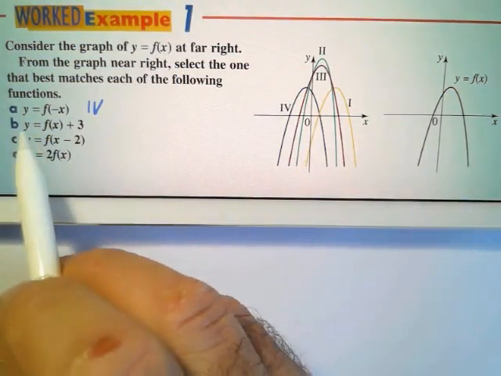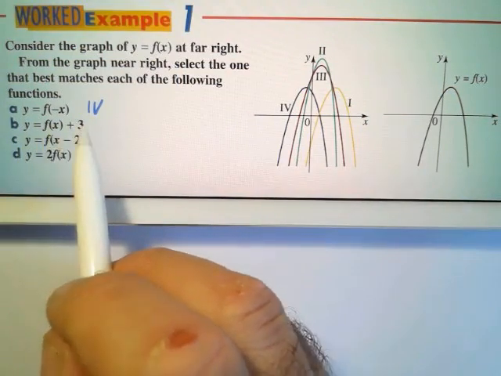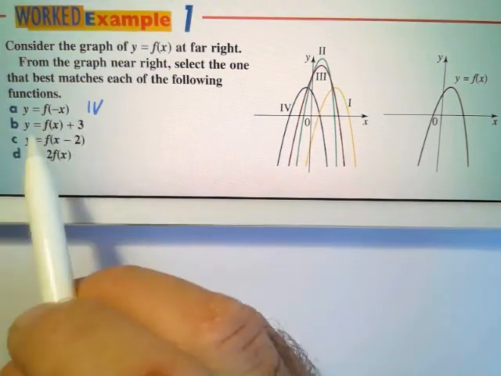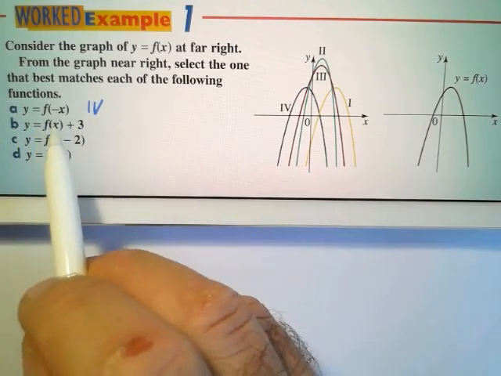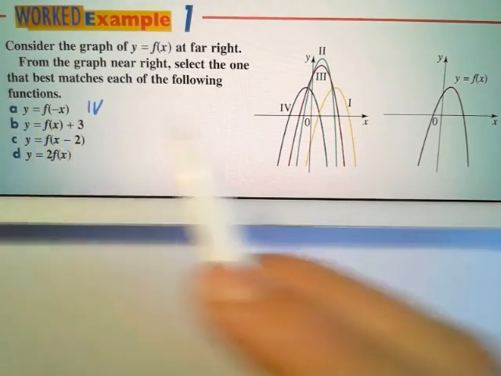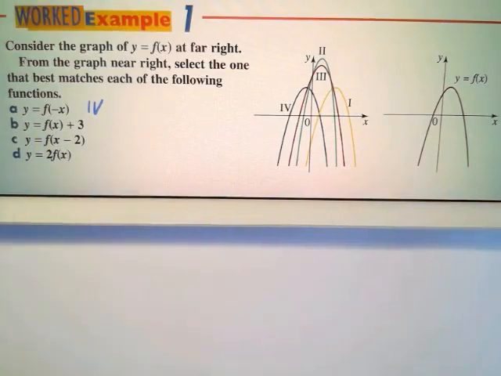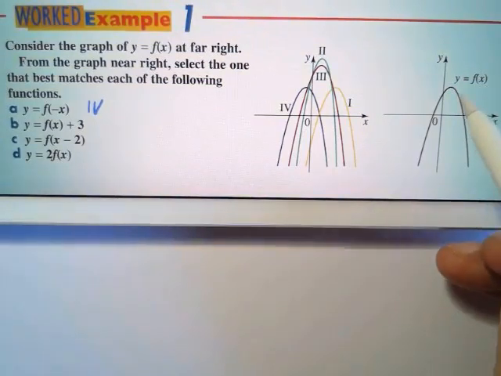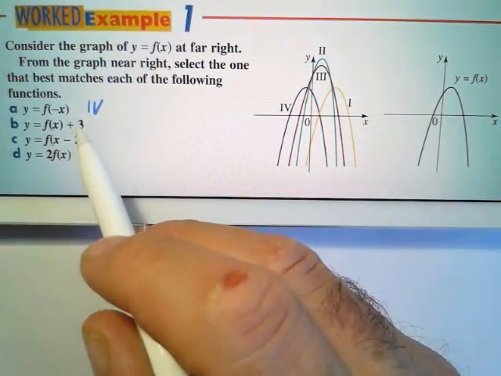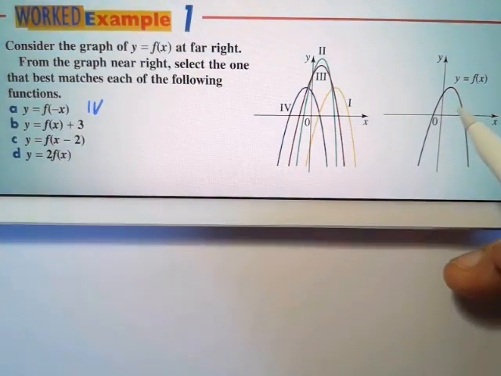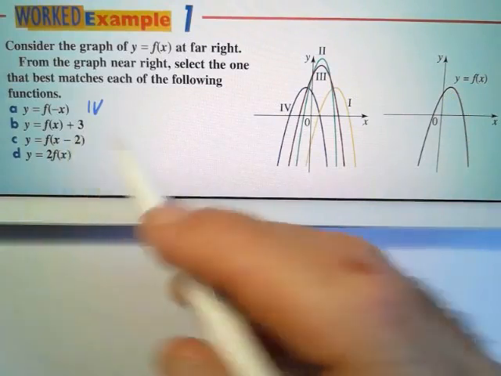For the next one, y equals f(x) plus 3. Now remember, f(x) is y, so all my y values are added by 3. So if I look at my function over here, all my y values are plus 3, which means that it's going to be moving up. So the whole thing is moved up 3 units.